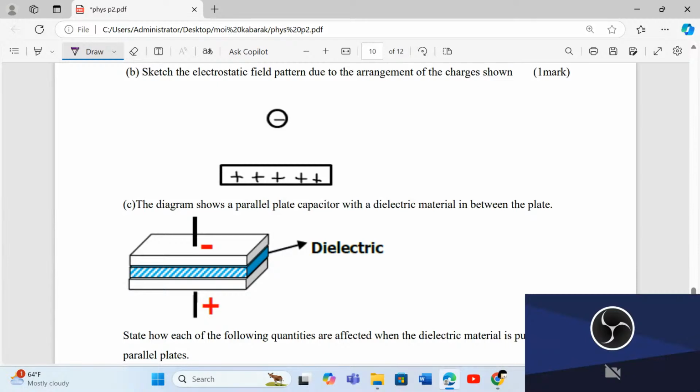Therefore, we expect electrostatic field lines to flow from the positive charges towards negative charges. Then you indicate the direction in which they are moving, like that.